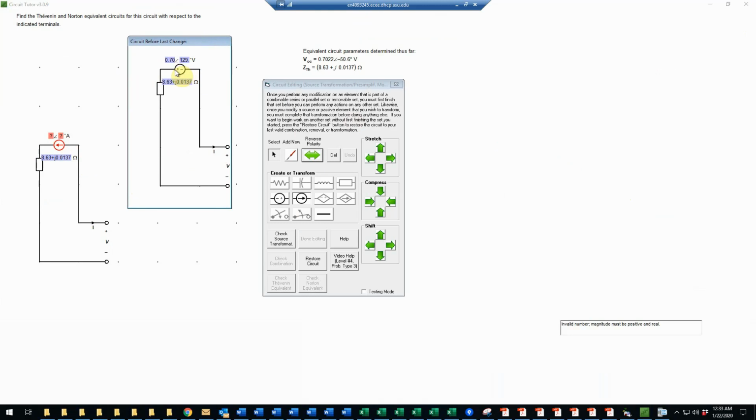Now I need to divide the VOC by the Z Thevenin. Or actually, I'm not dividing VOC, but I'm dividing the value of the source as I've written it, since I want to keep the current source pointing consistently with this one, which is probably the most straightforward thing to do. So now I need to divide those two numbers, again using a calculator.